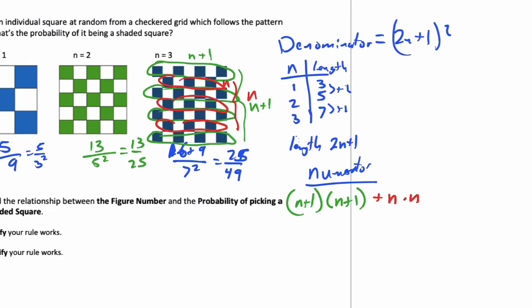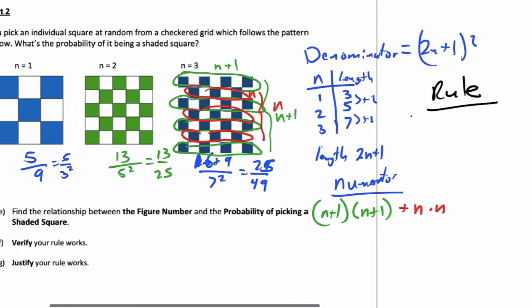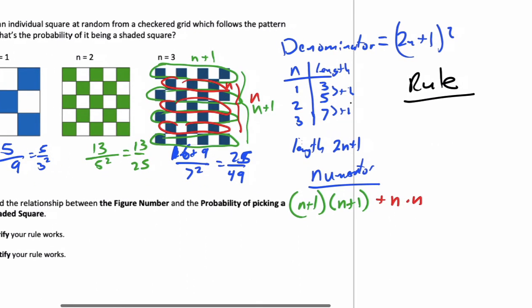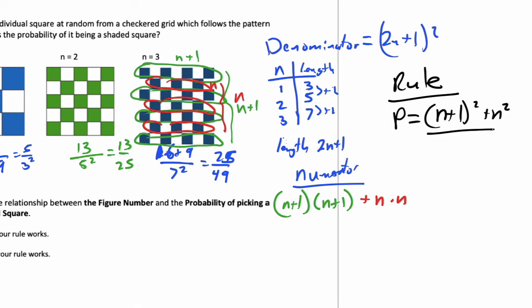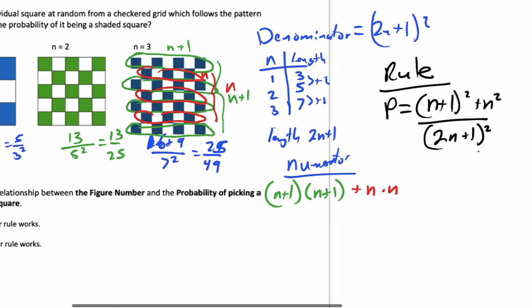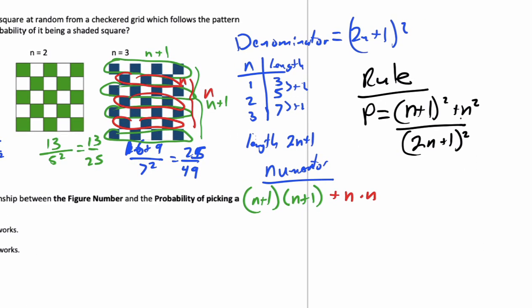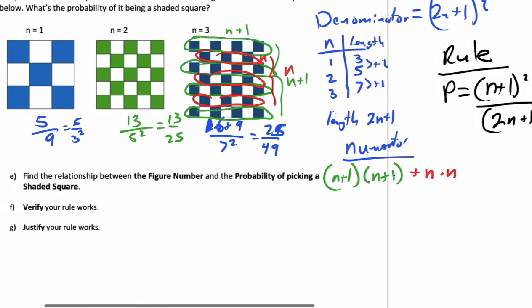So the entire rule for the probability of randomly selecting a shaded square is going to be n plus 1 squared plus n squared, that's just the number of shaded squares, divided by the denominator, which is 2n plus 1 squared. Okay, so I suppose you can simplify it a bit, but not necessary.